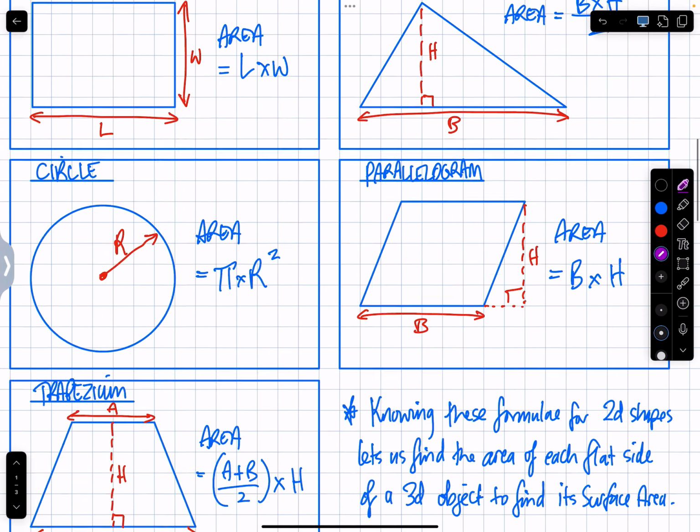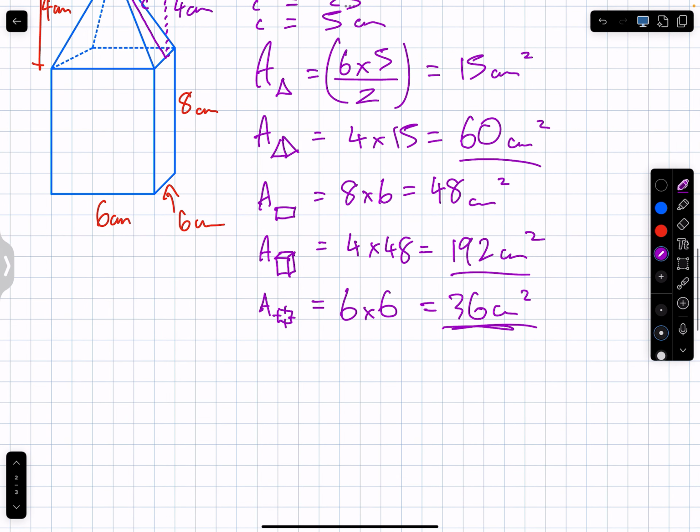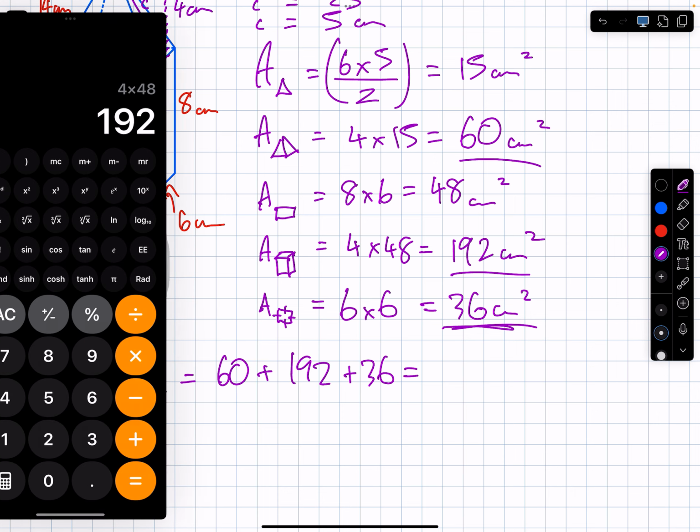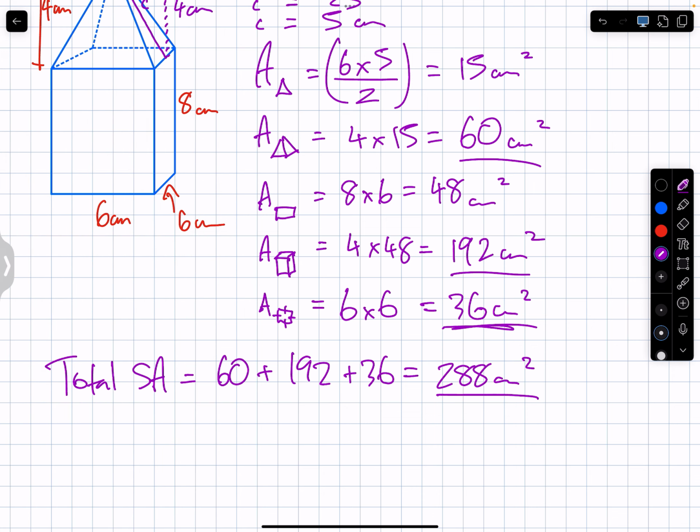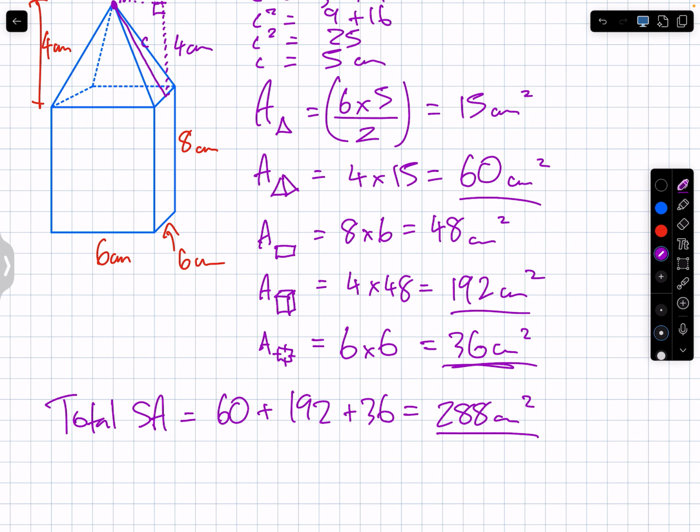Sum of all the area of all the faces. So total SA is going to be 60 plus 192 plus 36. 288 square centimeters. That's what you're doing, okay? I'll stop the video.